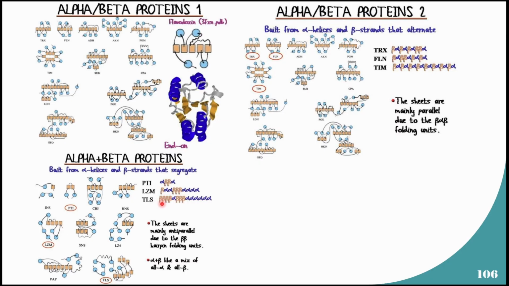For example, the best example will be this one. So beta beta beta beta, so 4 beta strands together followed by an alpha helix followed by again 3 beta strands together, and basically the pattern goes on in this way. So that's what was for the alpha by beta, alpha plus beta, and these sort of classifications.